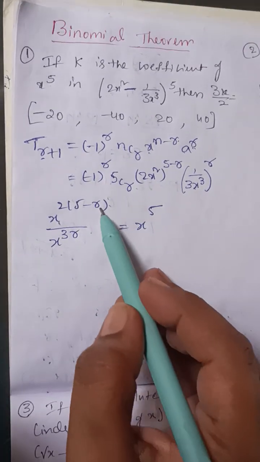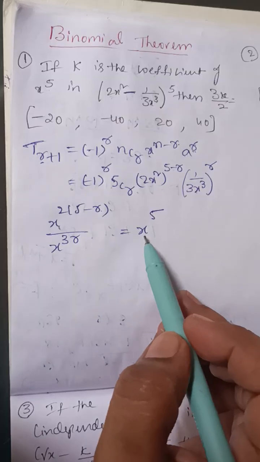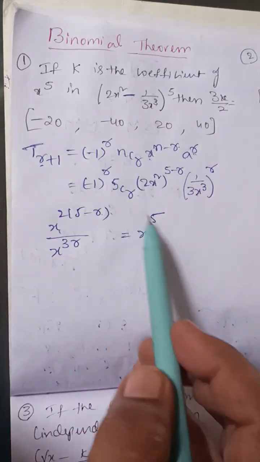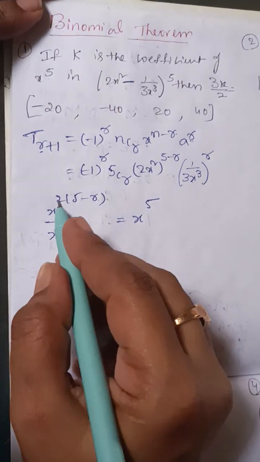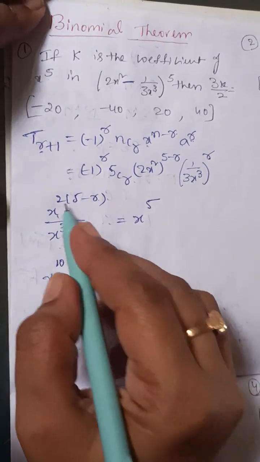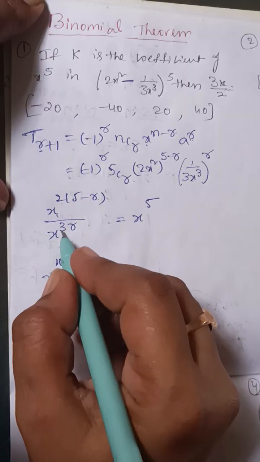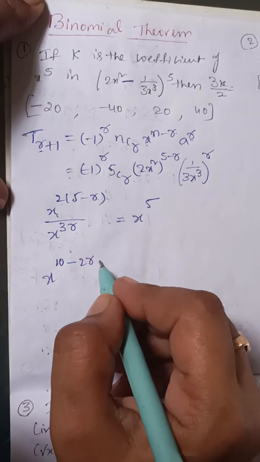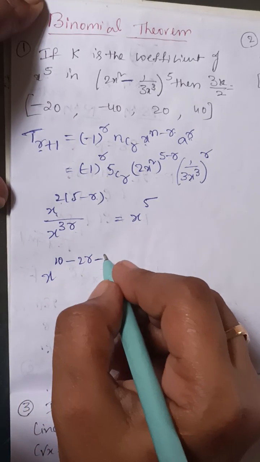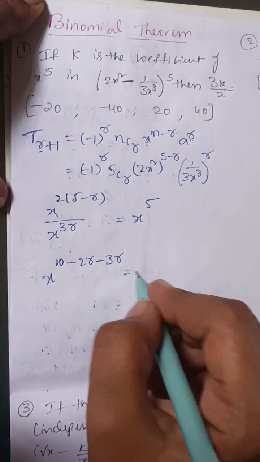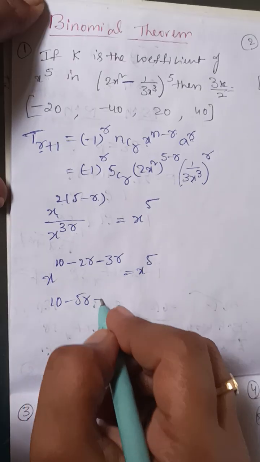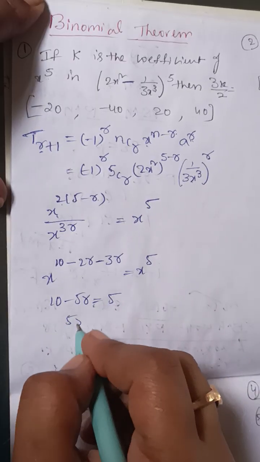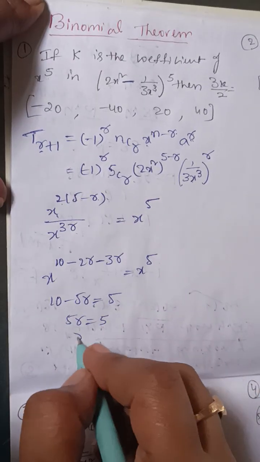So to find r value, we are equating the powers of x on both sides. So x power 10 minus 2r, and the 3r, if it is written in the numerator, will be minus 3r, equal to x power 5. So 10 minus 5r equal to 5, 5r equal to 5, and r is 1.